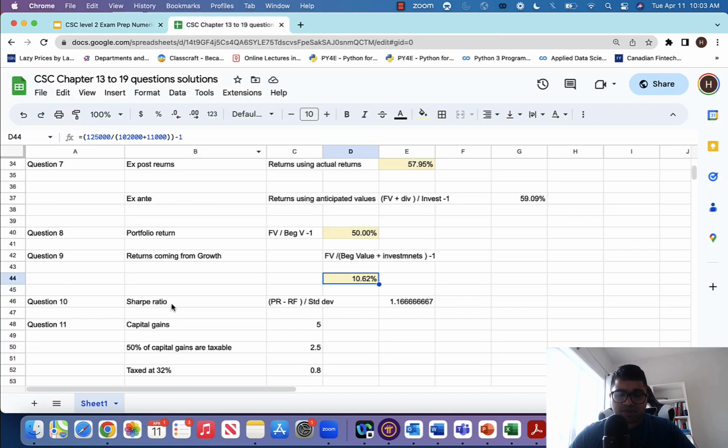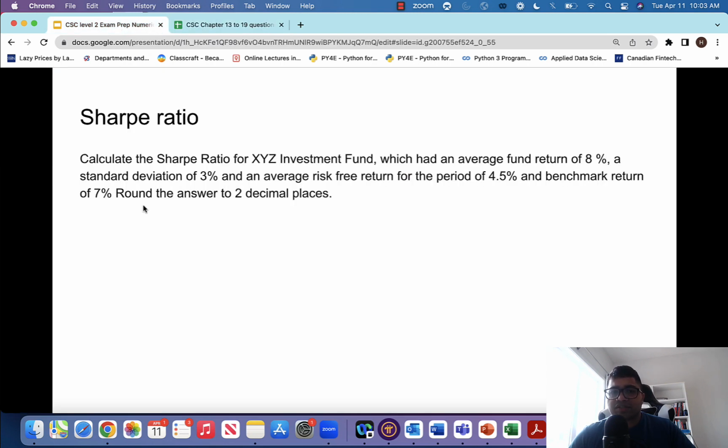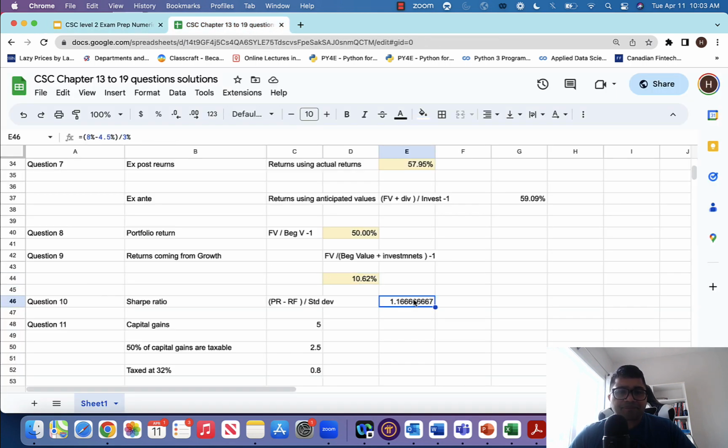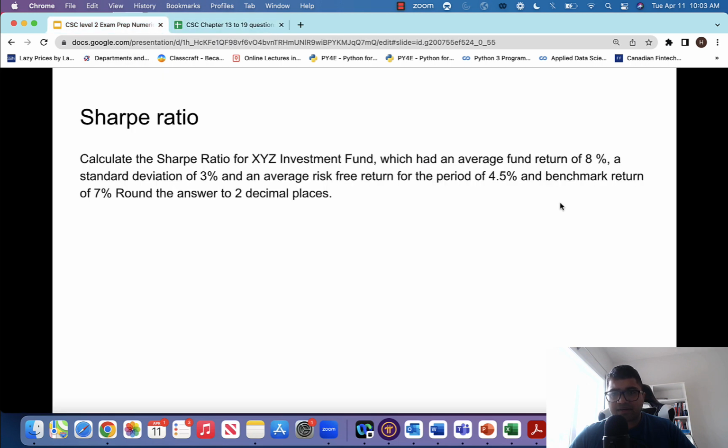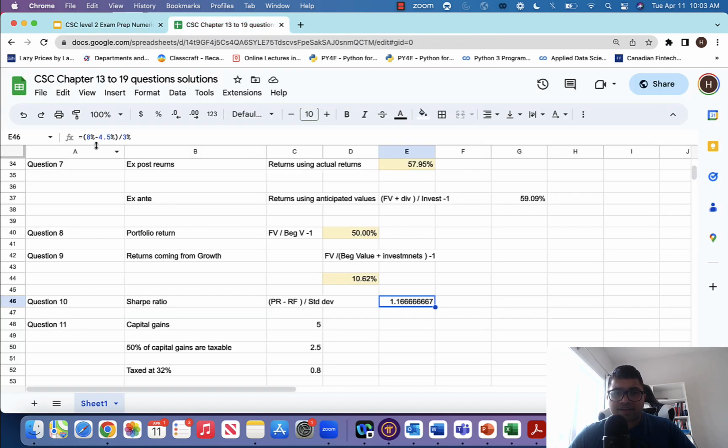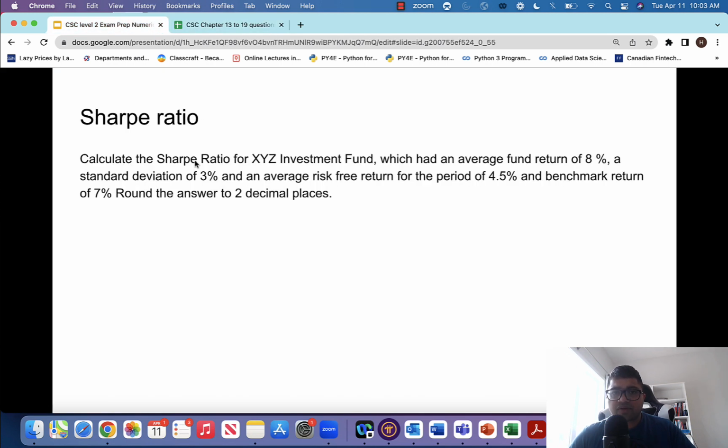The formula for Sharpe ratio is portfolio returns, whatever you have received, minus risk-free rate, divided by standard deviation of portfolio. Now in the formula, you see there is nowhere that benchmark comes in. So benchmark in this question or in the final exam will be just given to confuse you, but there is no point of using benchmark returns anywhere. So Sharpe ratio will be portfolio returns 8% minus risk-free rate 4.5% divided by standard deviation of portfolio 3%.